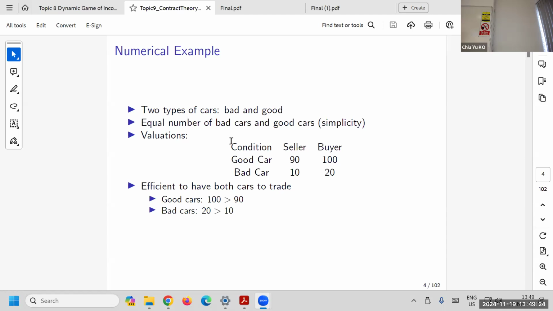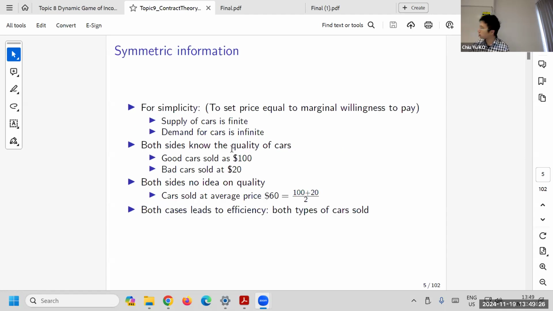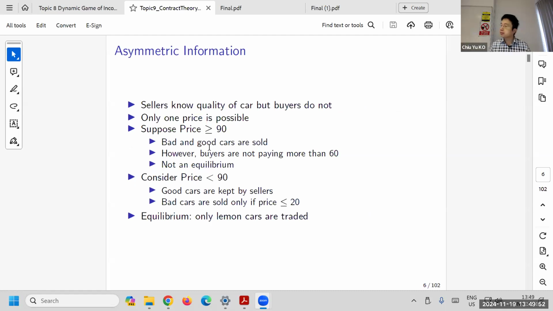So selling at 60 is okay. And for the buyer, this is the marginal price. So regardless of whether the buyer or the seller knows or not, as long as their information is symmetric, there's no problem at all. The only problem is when some of them have information and some of them don't. So that is the idea, asymmetric information.